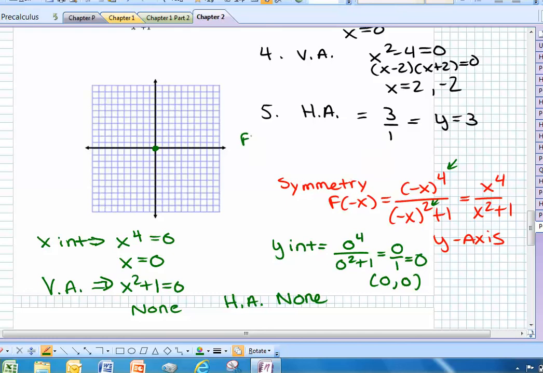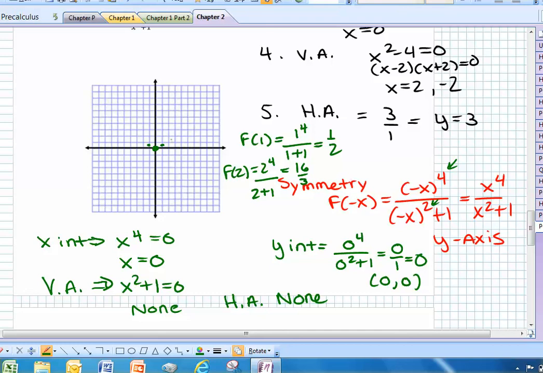So now let's put in some numbers like 1. Well, 1 to the 4th over 1 plus 1, that'd be 1/2. And since it's symmetric to the y-axis, negative 1 would also be at 1/2. So then when we put in a 2, 2 to the 4th over 2 plus 1, so that'd be 16 over 3.